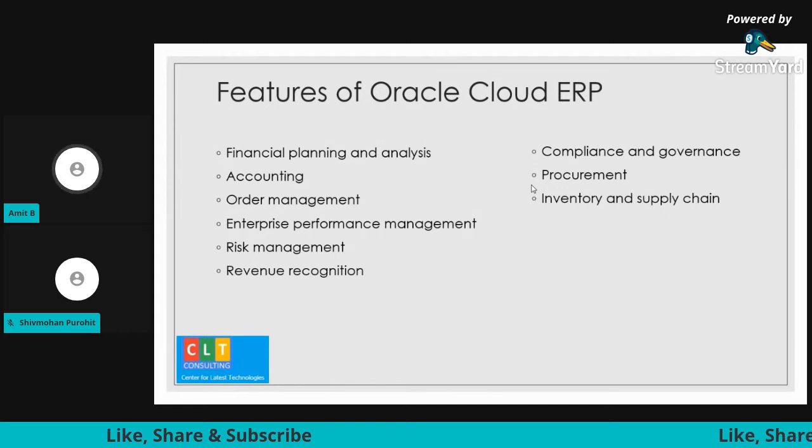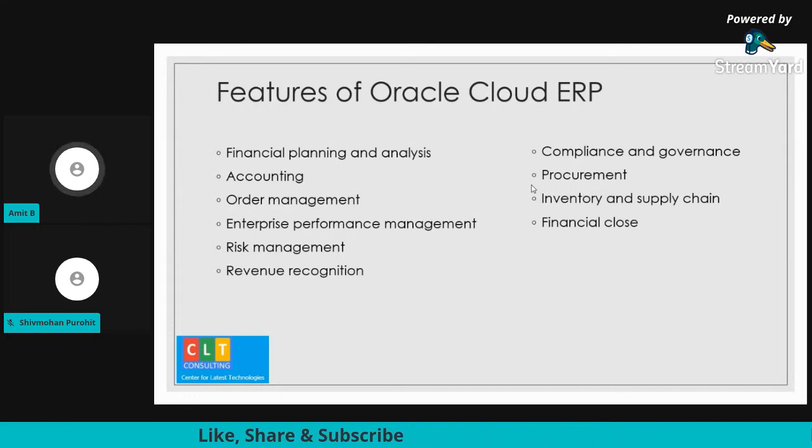Then we have got inventory and supply chain. So if you are procuring something and you are doing the inventory, and if you are, say, manufacturing something, you would be doing some supply chain activities as well. You would be involved in some logistic activities as well. So all these come into the picture with the help of your Oracle Cloud ERP.